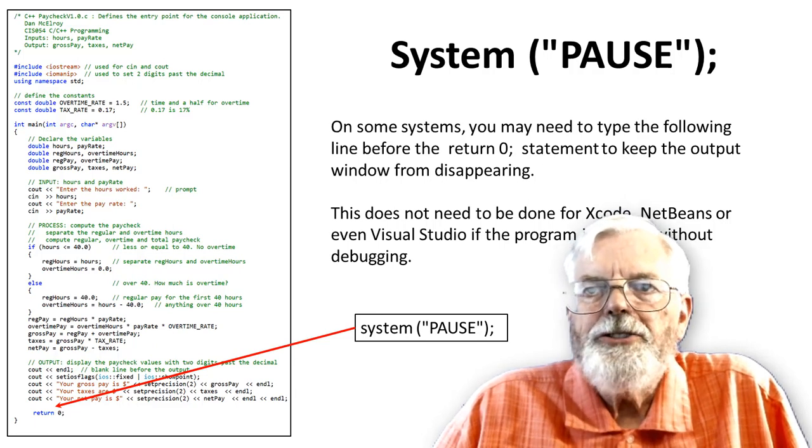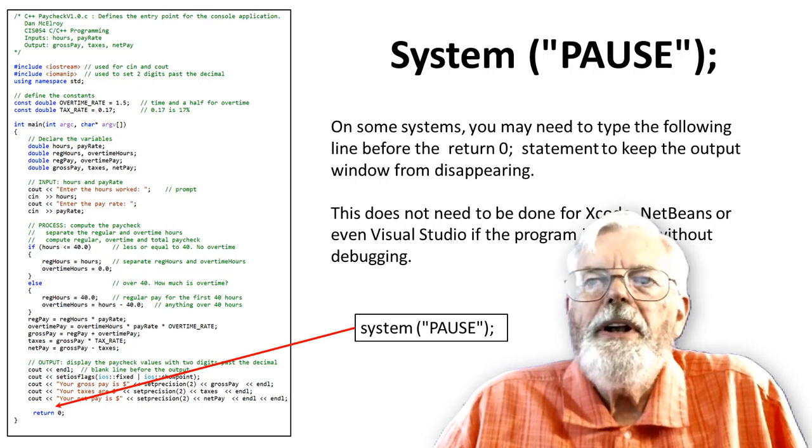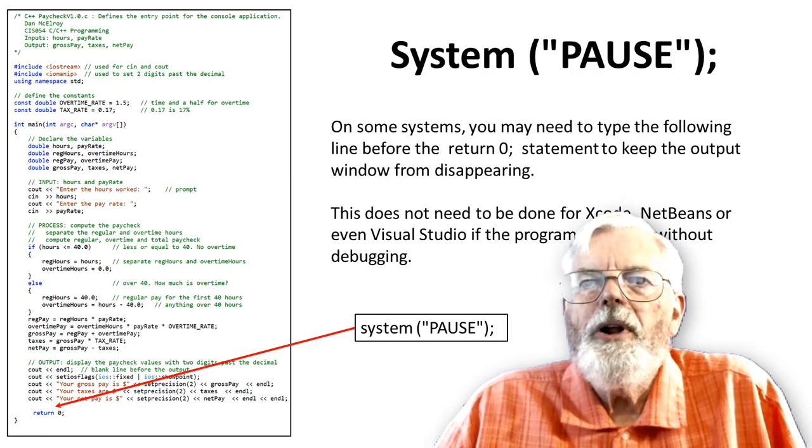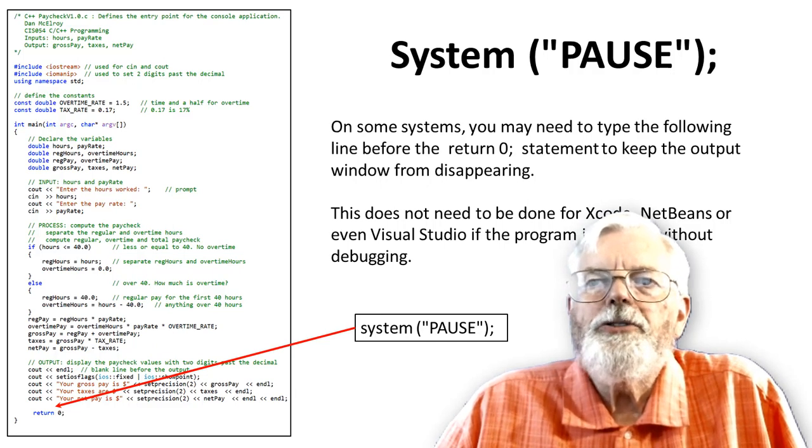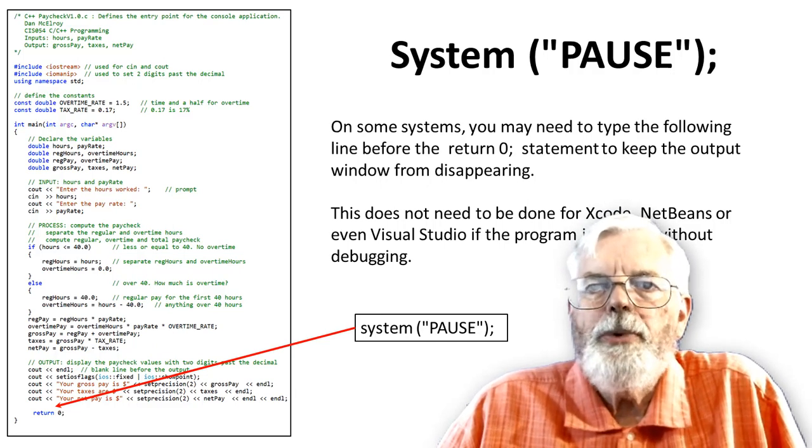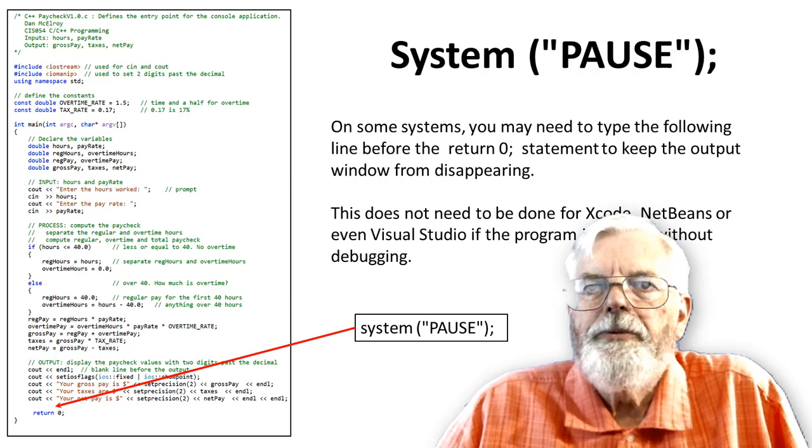This will not be necessary if you're using Xcode or NetBeans. It also won't be necessary if you use Control plus F5 to start a Microsoft Visual Studio C++ program without debugging.